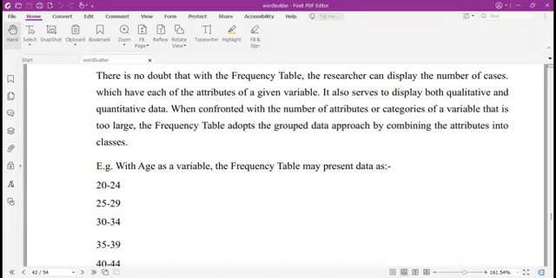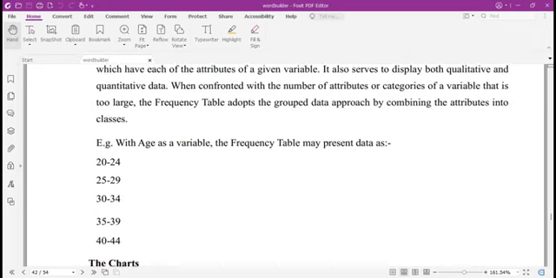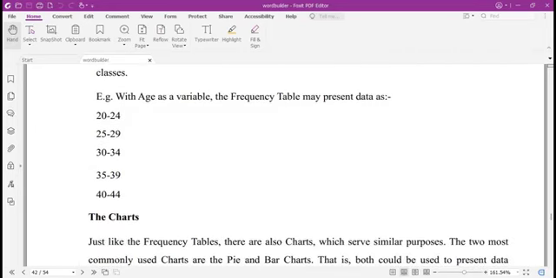E.g., with age as a variable, the frequency table may represent data as, you look at this data now, you have 20 to 24, 25 to 29, 30 to 34, 35 to 39, 40 to 44.